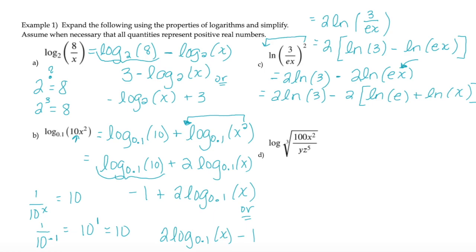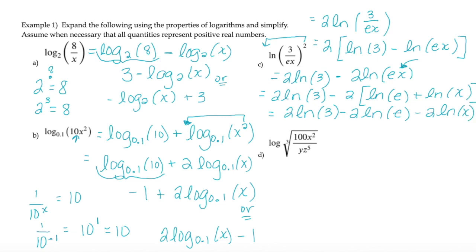I can also distribute so that I have 2 times the natural log of 3 minus 2 times the natural log of e, or Euler's number, minus 2 times the natural log of x.